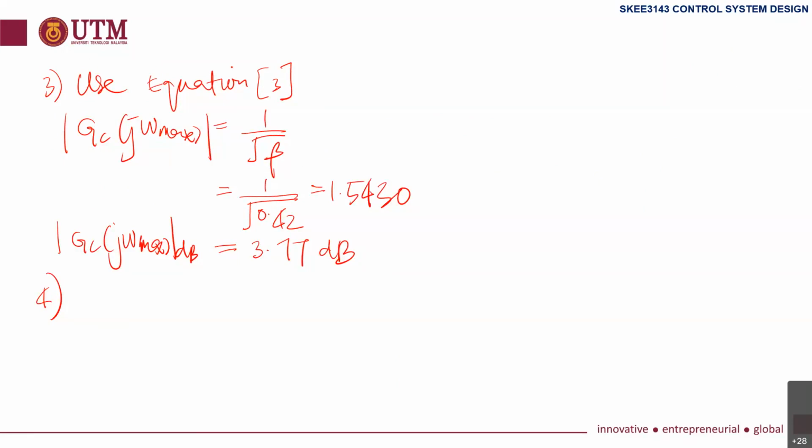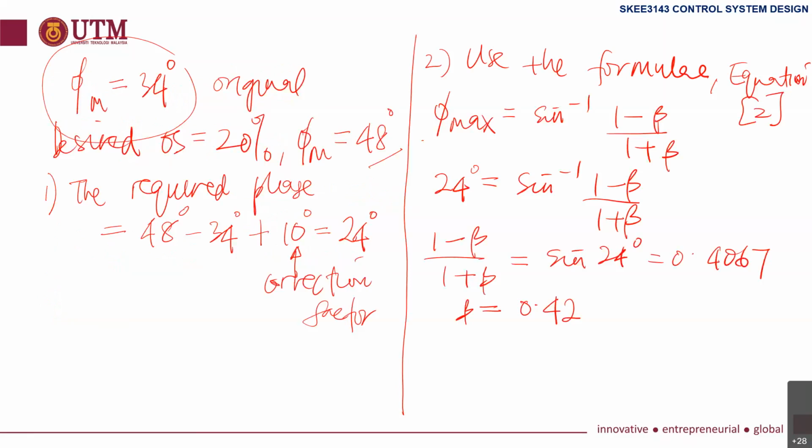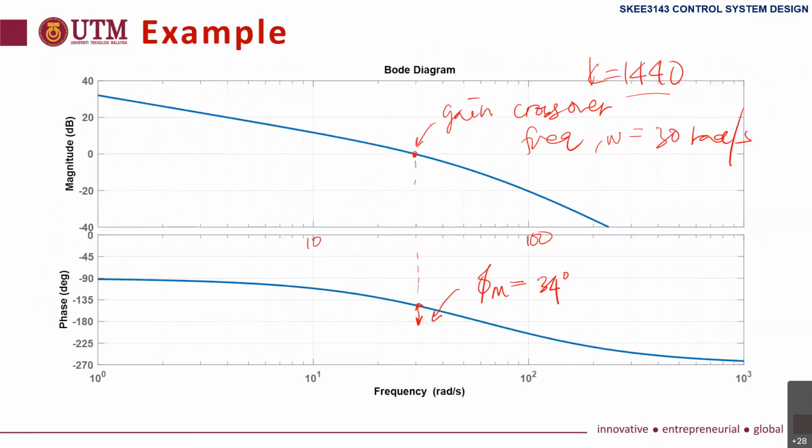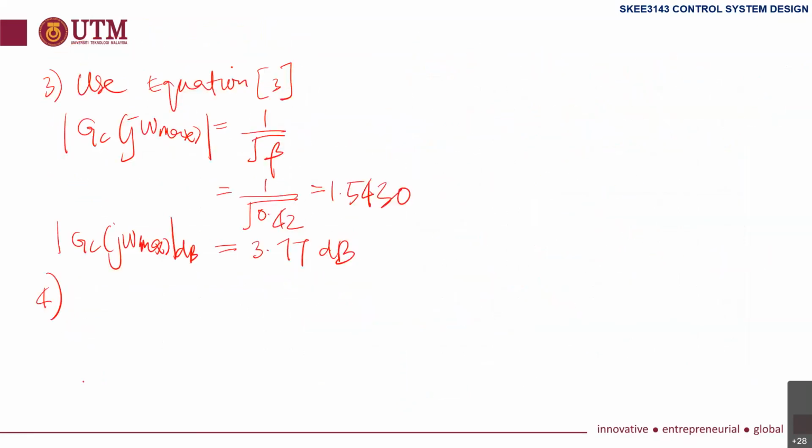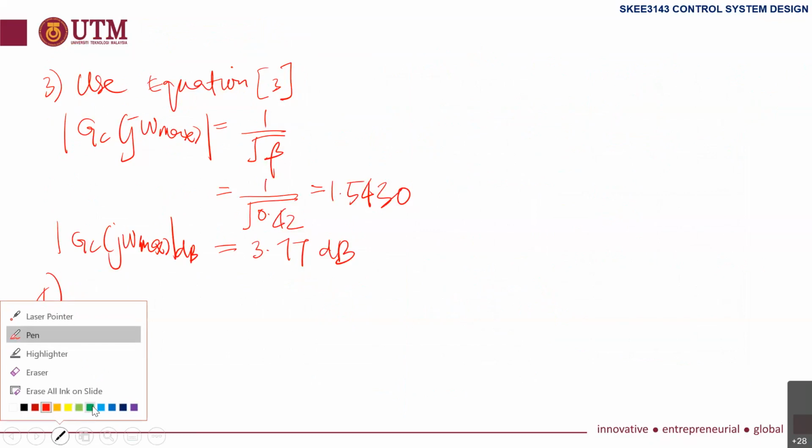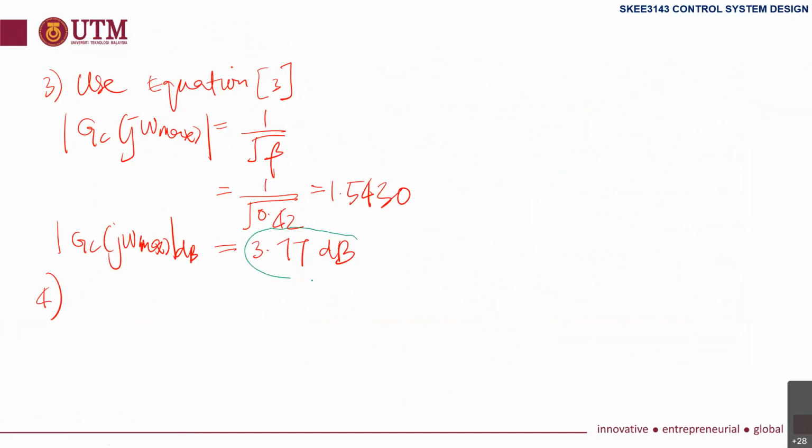Right. What's next? Next thing we have to do is to use the graph, the dot plot here, to determine, because what we will do is we will add 3.77 dB.